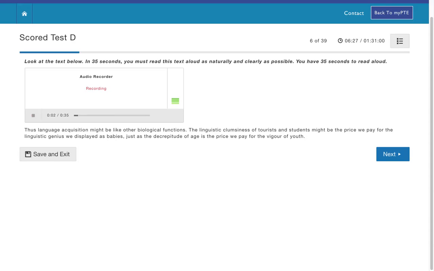Thus, language acquisition might be like other biological functions. The linguistic clumsiness of tourists and students might be the price we pay for the linguistic genius we displayed as babies, just as the frailty of old age is the price we pay for the vigor of youth.